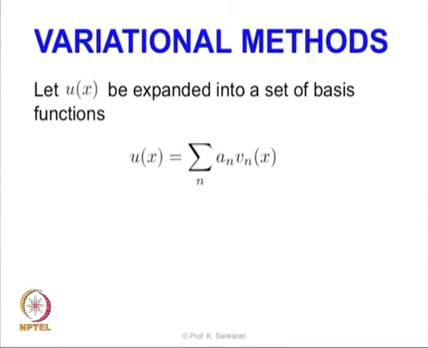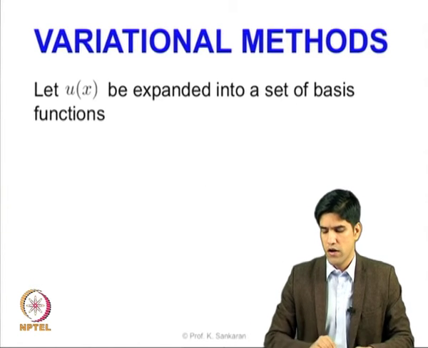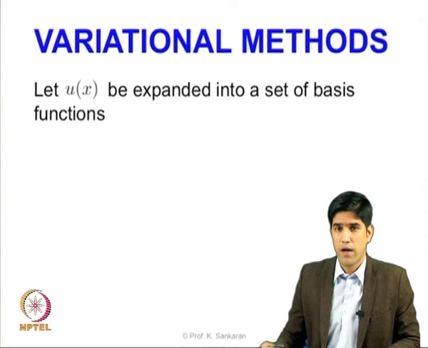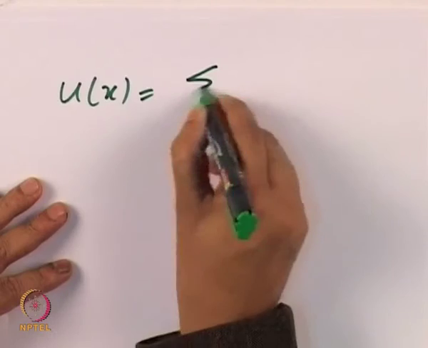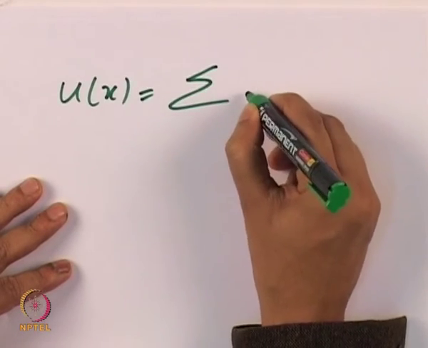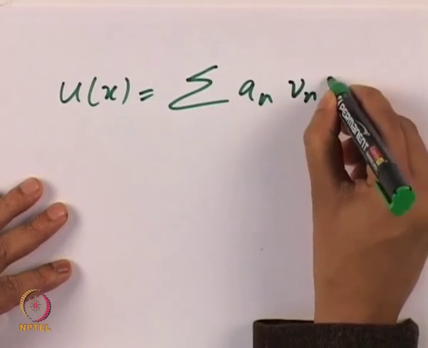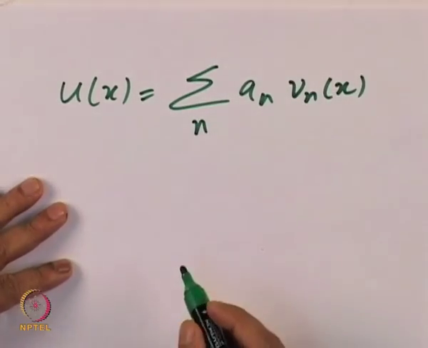What we have done now is start with an assumption that the expression for u, the unknown function, is going to be given through a mathematical expression, a summation of certain variables. So let's say u of x is equal to the summation of a of n times v of n of x, where n goes from 1 to N.